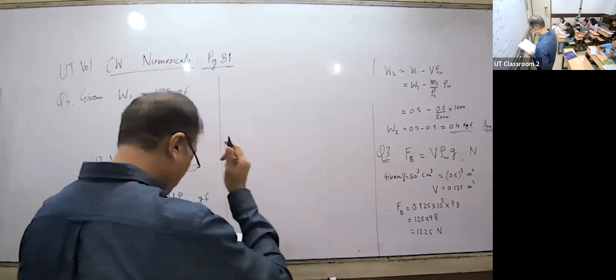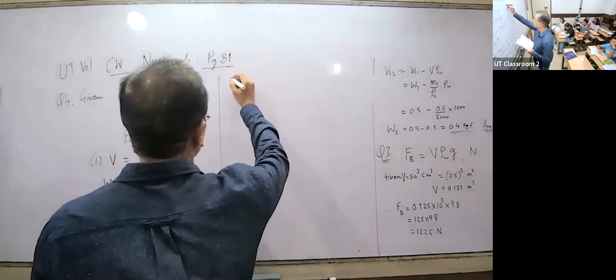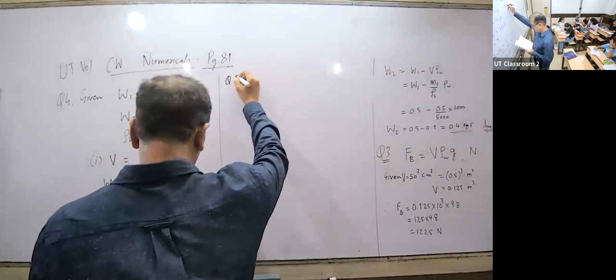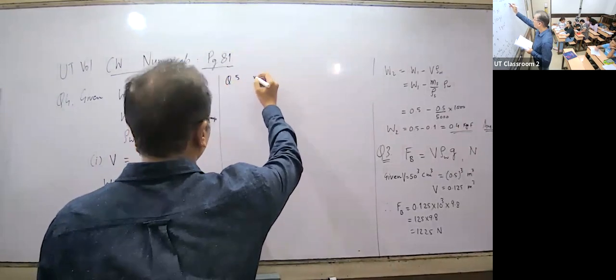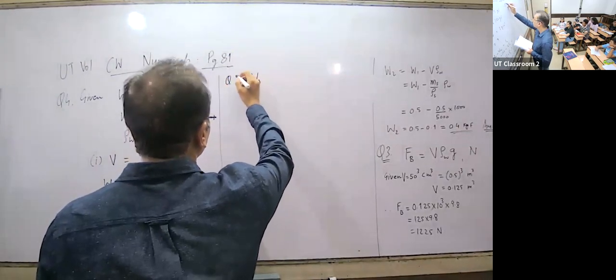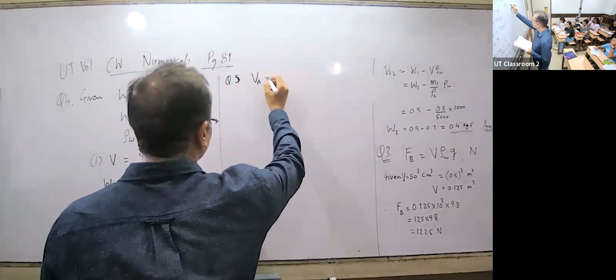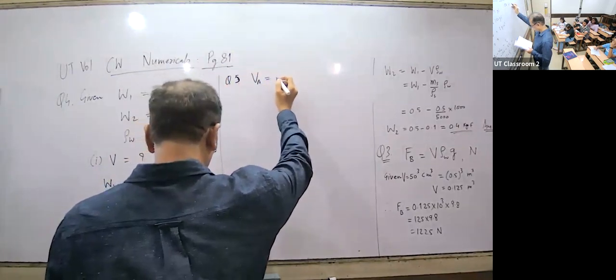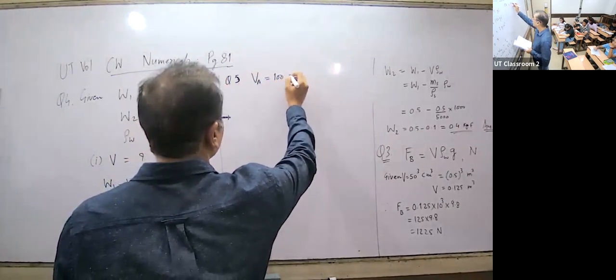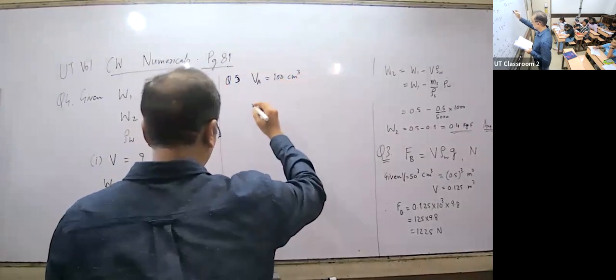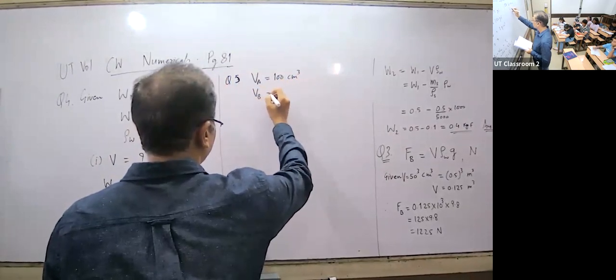So this is also a simple question. We have two spheres. What is VA given as? Volume of sphere is 100 centimeter cube, and it is the same for B as well, right?